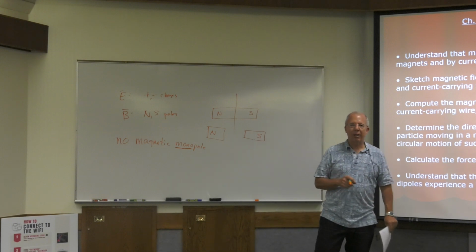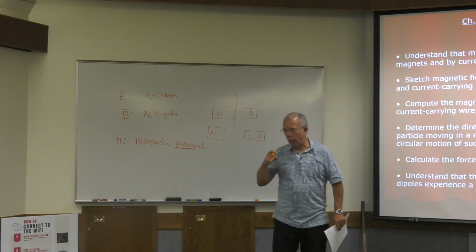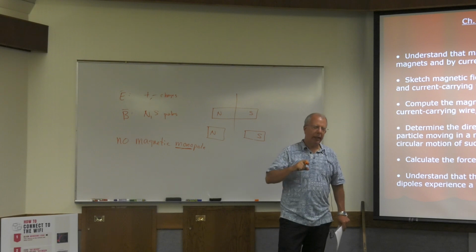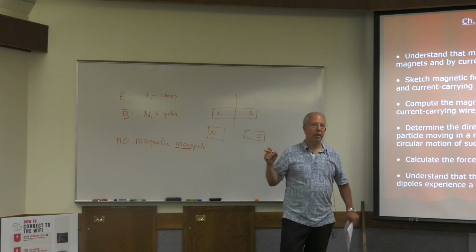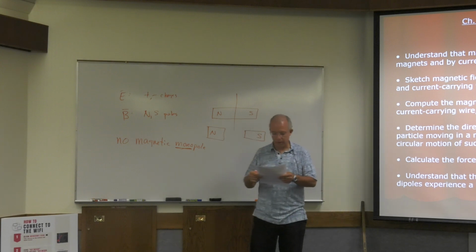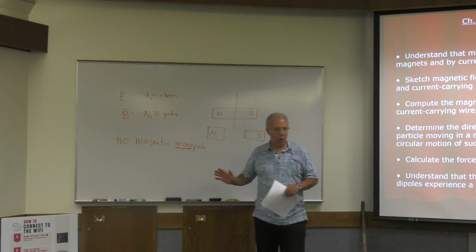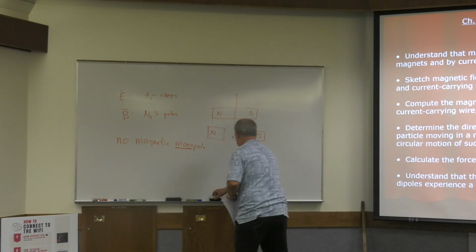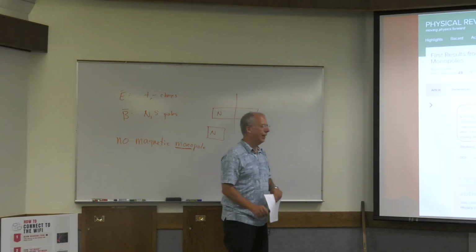However, there are people working on particle physics theories that predict that these things actually exist. So there are many experiments going on in the world today searching for these magnetic monopoles. But like I say, no evidence yet that we have it, except for this.